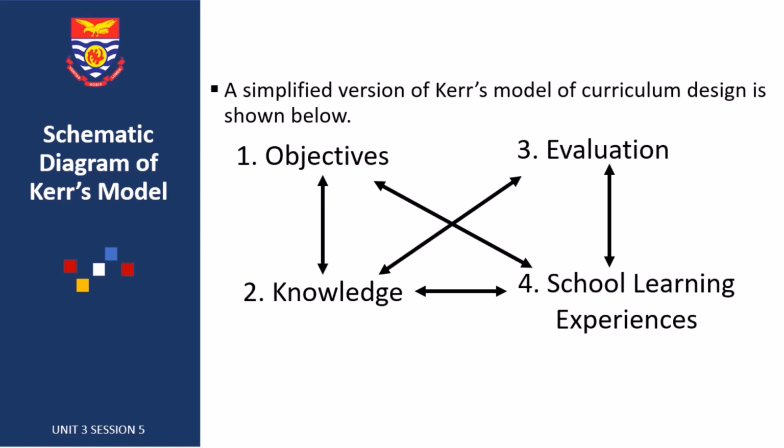You would observe that double arrows are used, which suggests that we can move from objectives to knowledge, knowledge to school learning experiences, then from there to evaluation, or we can start from evaluation, go to school learning experiences, then objectives, then knowledge. So looking at Kerr's model, you'll see that there is an interrelationship among the various phases in the curriculum planning process.